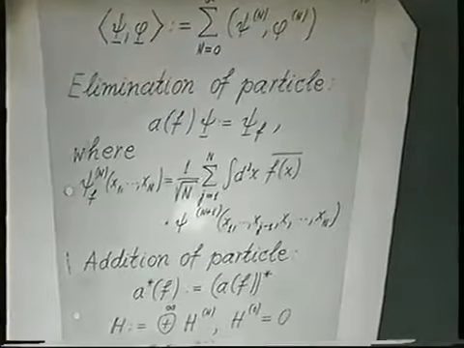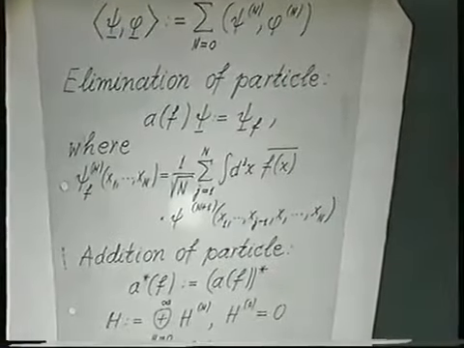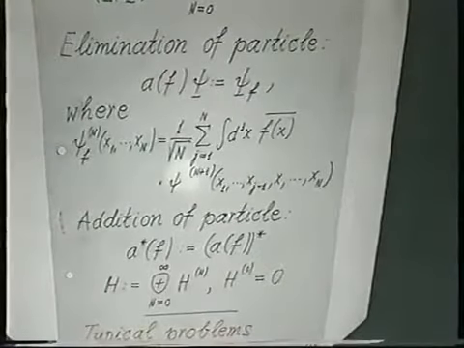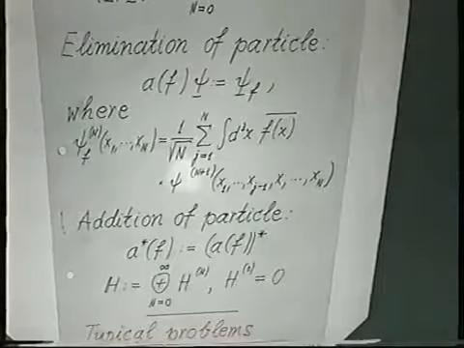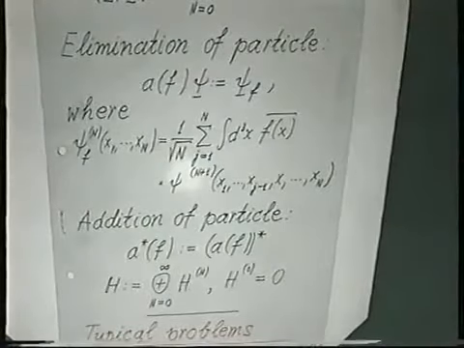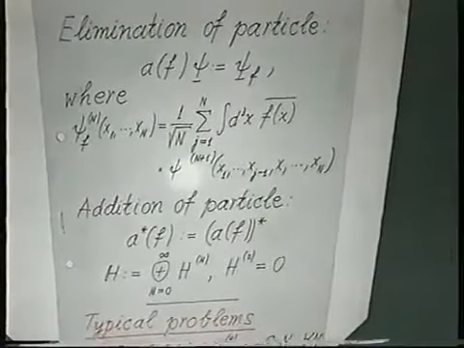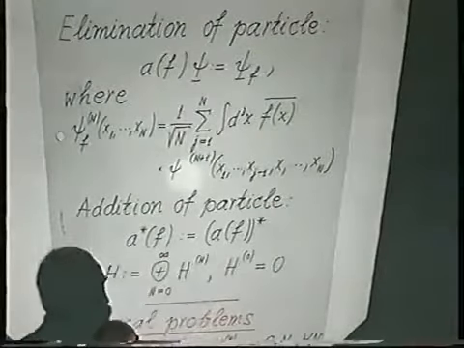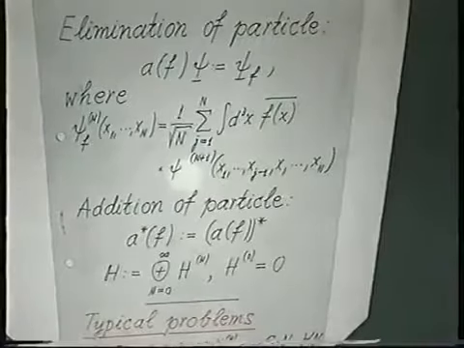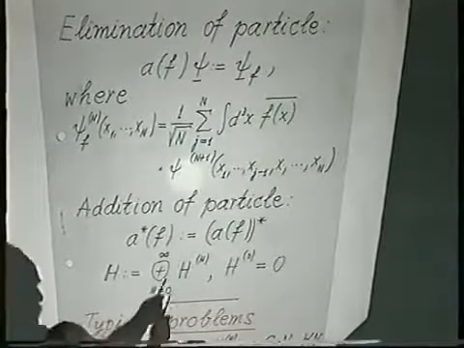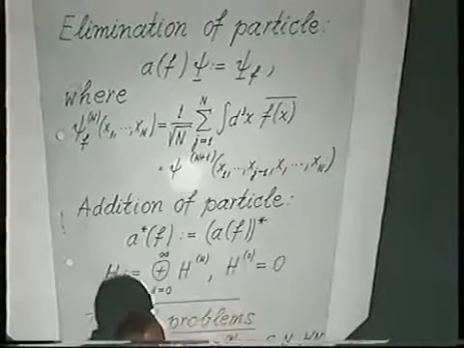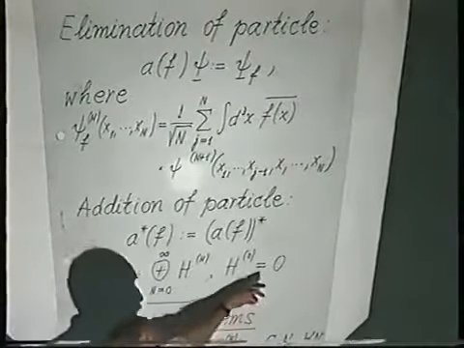I hope that people in this room are more or less familiar with these things, this sort of elementary quantum mechanics of second quantization. The creation of a particle is then simply described by the adjoint of the annihilation operator. The Hamiltonian of the system is the direct sum of all the n-particle Hamiltonians, and of course, when there is no particle in the universe, the energy is 0.